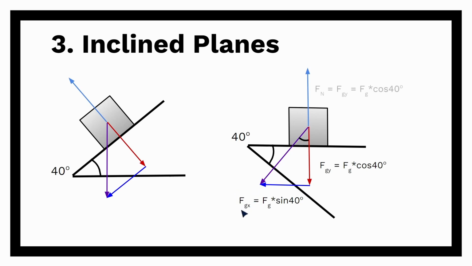Checks out. And also, now we know what force this normal force balances out with. It balances out with the y component of the force of gravity, or the quote-unquote new y, right? Because before it was all y direction, but now, because the normal force has to be perpendicular to the surface, we can say that this part of the force of gravity is also perpendicular to the surface.